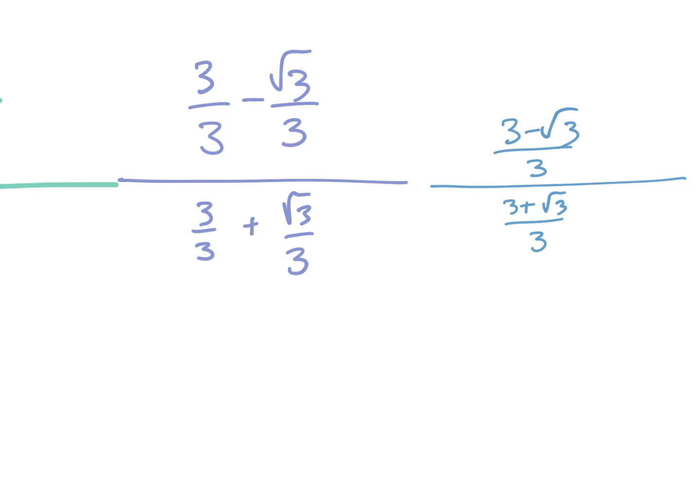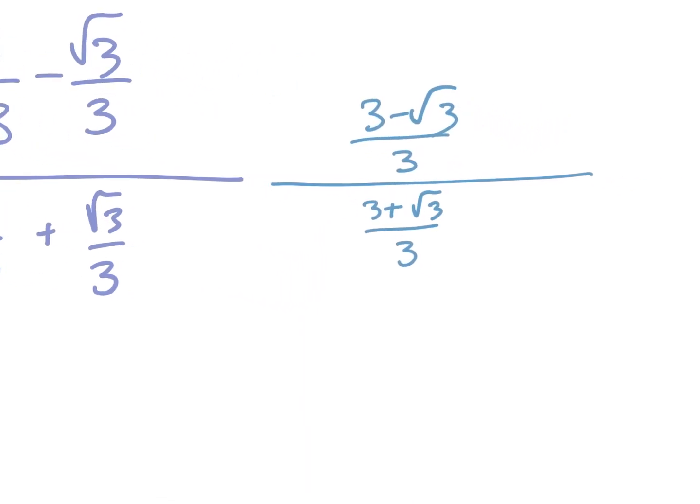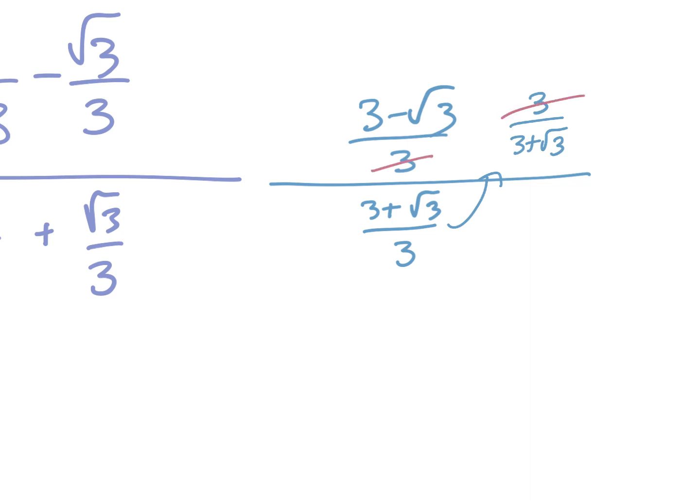We do keep it, change it, flip it, and when we do that, this would become 3 over 3 plus root 3 here. And what happens is those 3s divide out, and so you are left with 3 minus root 3 in the numerator and 3 plus root 3 in the denominator.